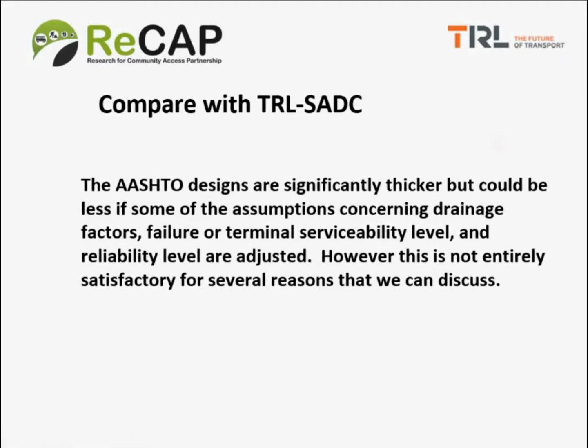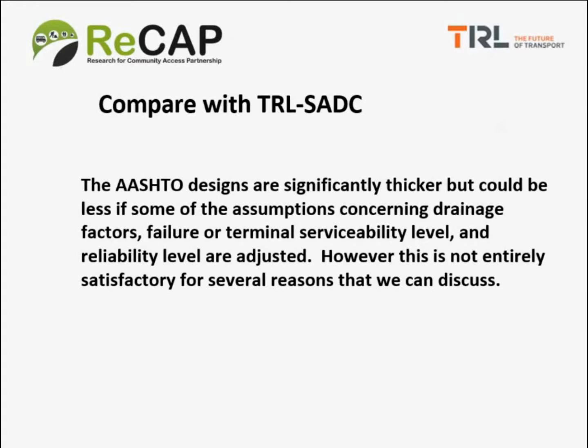The Ashtone designs are significantly thicker, but could be less if some of the assumptions that we made concerning the drainage factors, which we set at 1, and the terminal serviceability level, which we limited to 2.7, were changed. We could allow the roads to deteriorate further before we determine that they have failed or finished their design life.